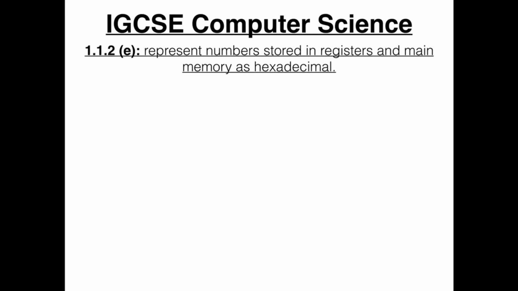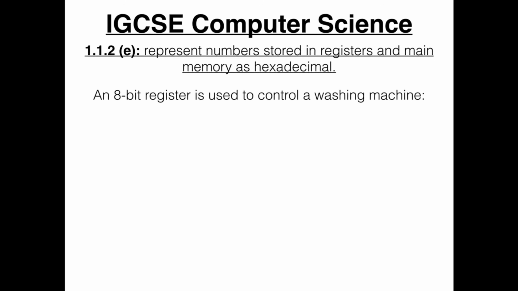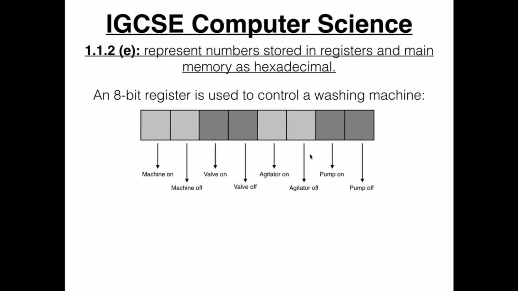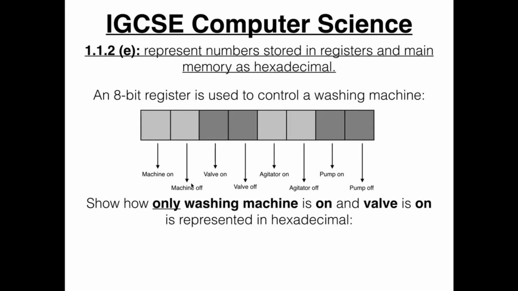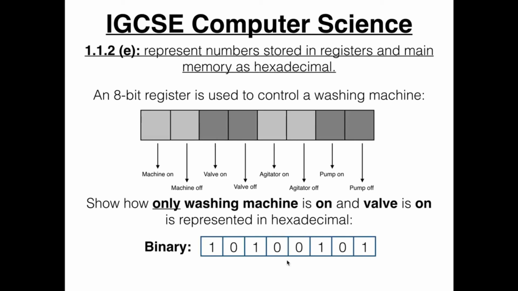So you might get a question on the exam like: an 8-bit register is used to control a washing machine. This was actually in the fourth video, the washing machine example, when we were looking at the uses of binary. Now we're using it here. Show how only washing machine is on and valve is on will be represented in hexadecimal. First we look at the binary value of this condition, which would be 10100101.